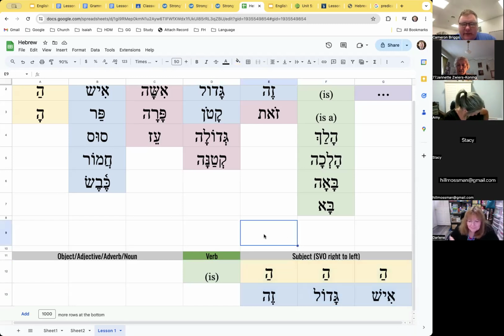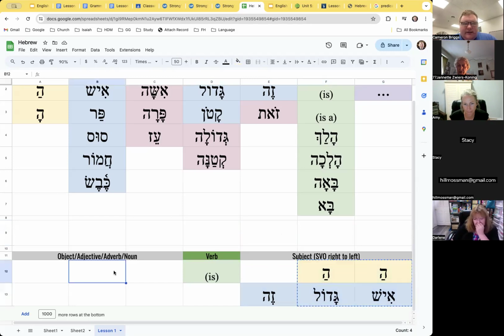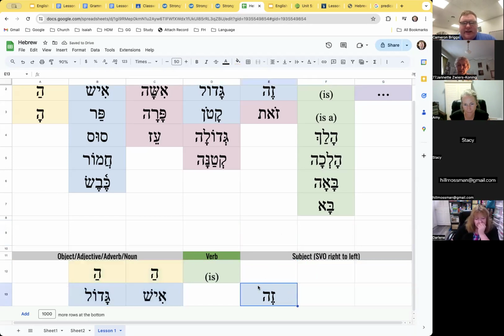So what if we have a sentence where "they" does not have the article, but these do have the article? Then they have to go on opposite sides of the verb. So we're going to take these and put them over here. So this is the big man. If you have a mixture where some of the words have "ha" and some of them do not, they need to go on separate sides of the verb.